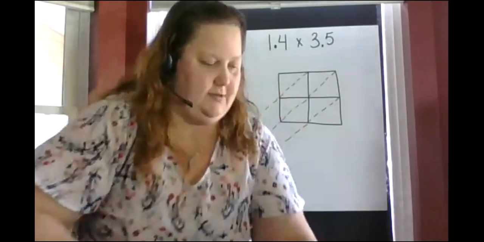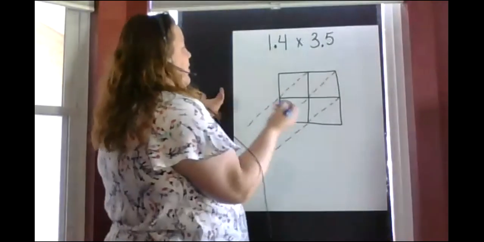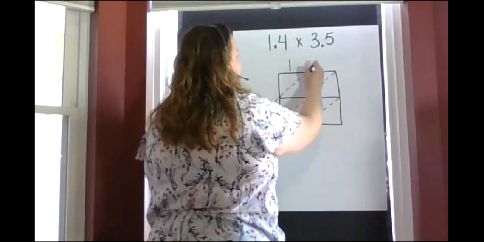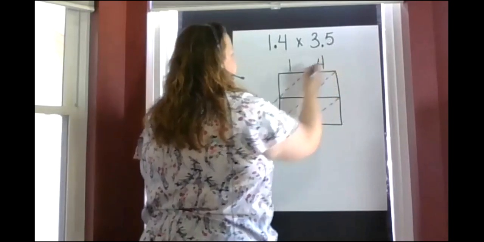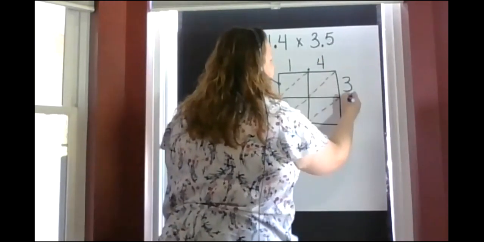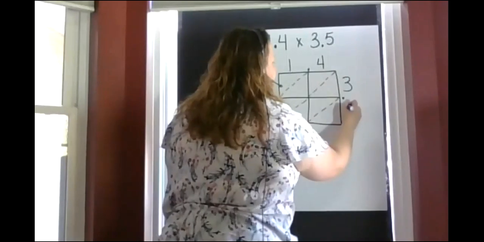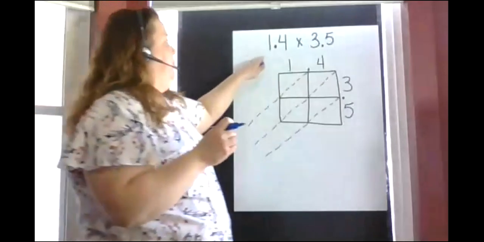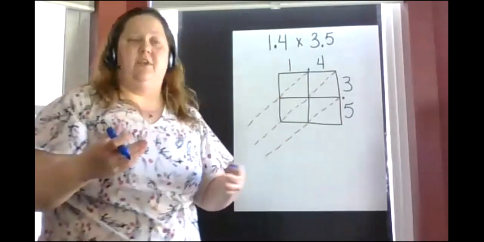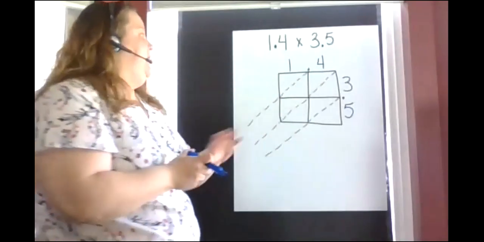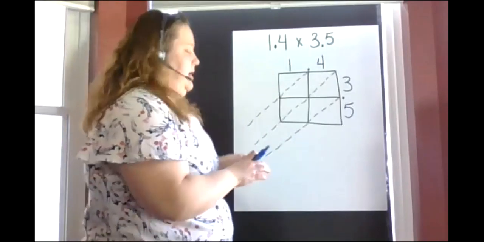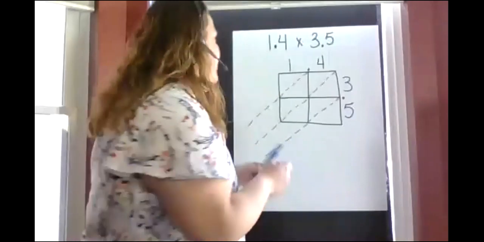All right, so we put our numbers the same way up top, and I'm going to put my decimal here so that I can see it. It does not matter, again, which number goes on which side. And if you had numbers that were different lengths, I probably should have done that. Let me adjust real quick.